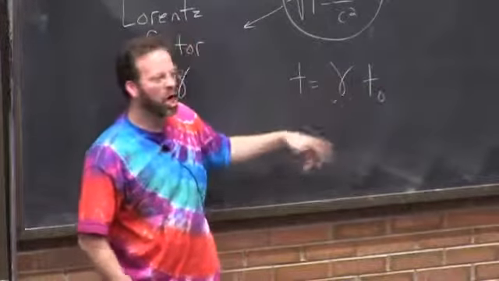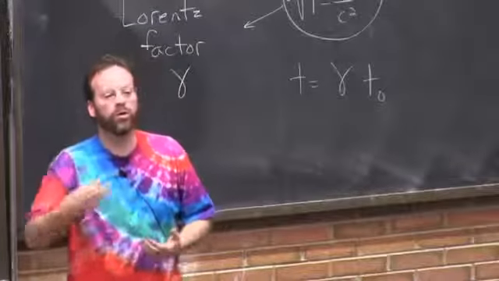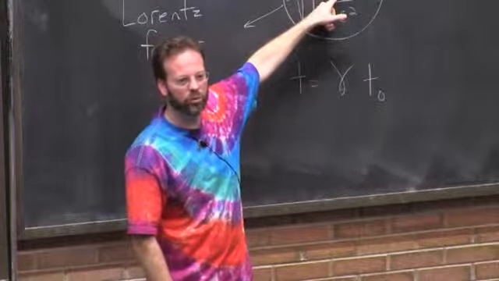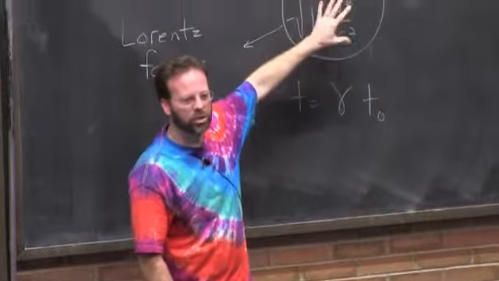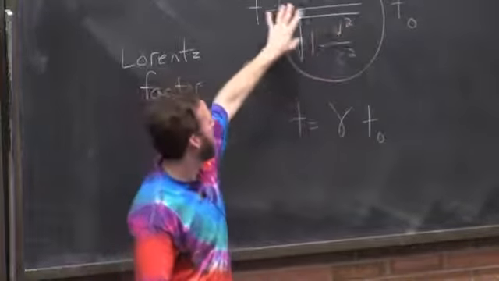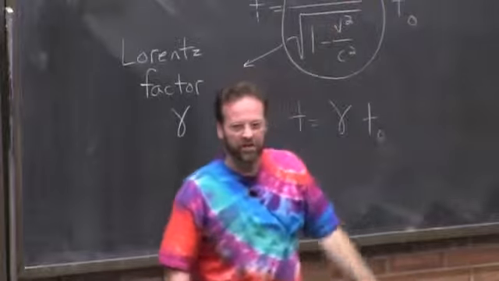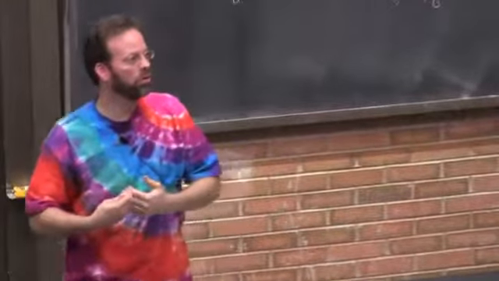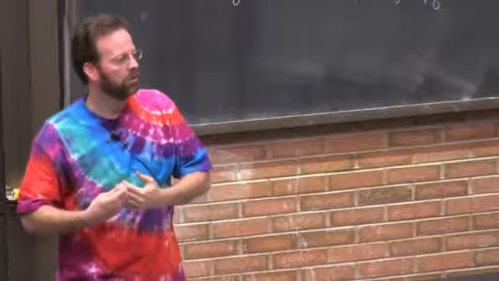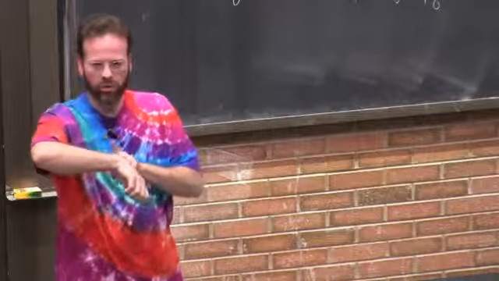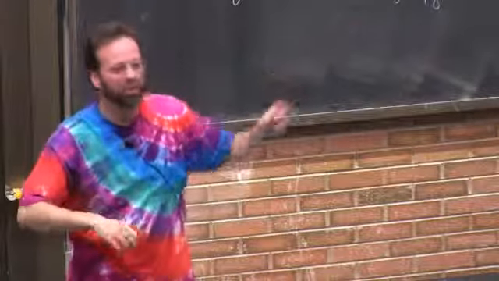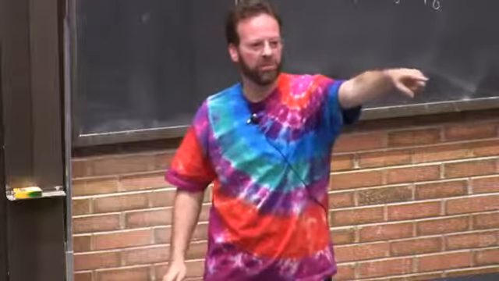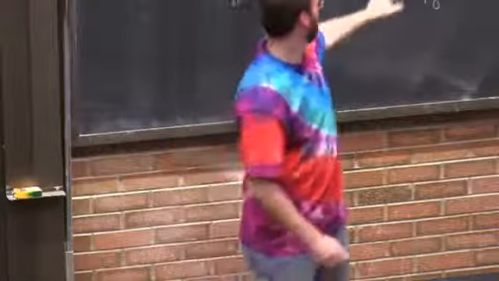But this factor will always be greater than 1, depending on the speed. And that's what we'll do more of later. You can use this to figure out how the times are different. And the idea is, for people in motion relative to you, the time you see on your watch or your clock will be different than the time you think it takes for them to do something, by this factor.